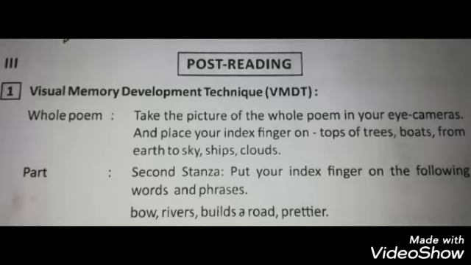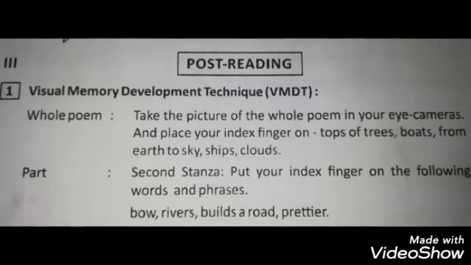As before, take the picture of the whole poem in your eye cameras and put your index finger on keywords like tops of trees, boats, from earth to sky, ships, clouds, or you can also point out sentences.